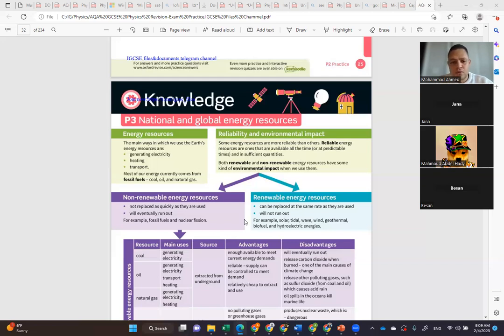So they will not run out. This is the renewable energy resources. For example, solar, tidal energy, waves, wind, geothermal, biofuel, and hydroelectric energies. All these kinds are renewable energy resources.